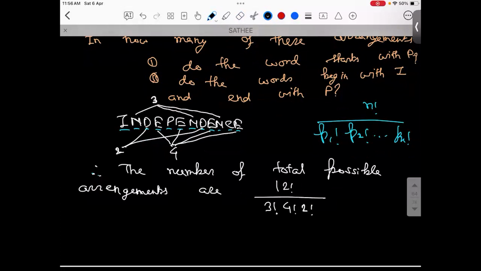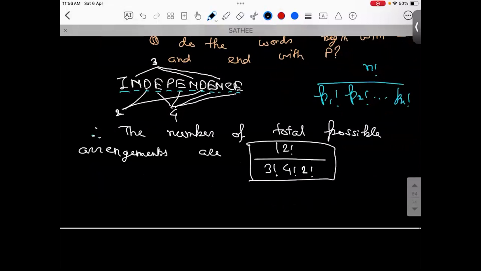Because here 3 letters have been repeated, one repeated 3 times, another repeated 4 times, and another repeated 2 times. So by that, we can say that this is the total number of possible arrangements. Now one can calculate the value of this. It will be a large number. So I will not calculate this, but yes, this is the exact number of total arrangements.